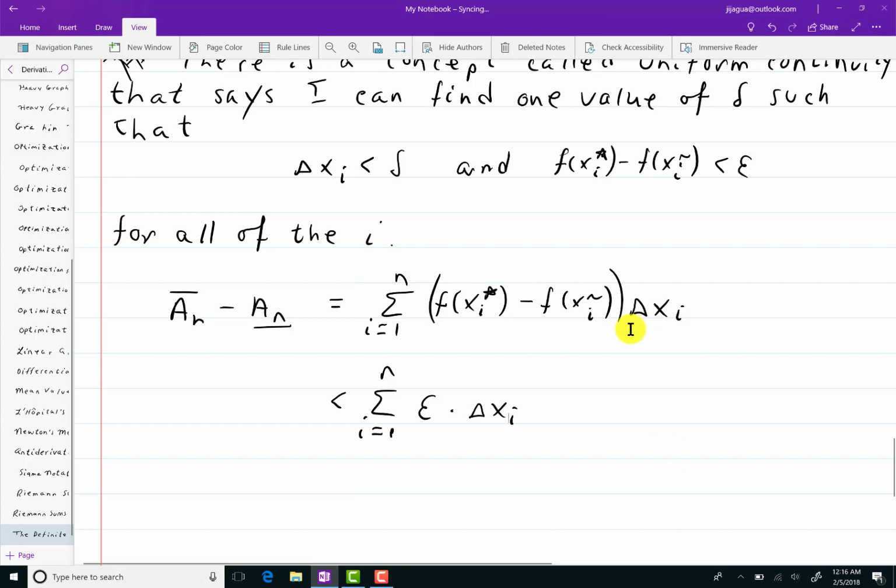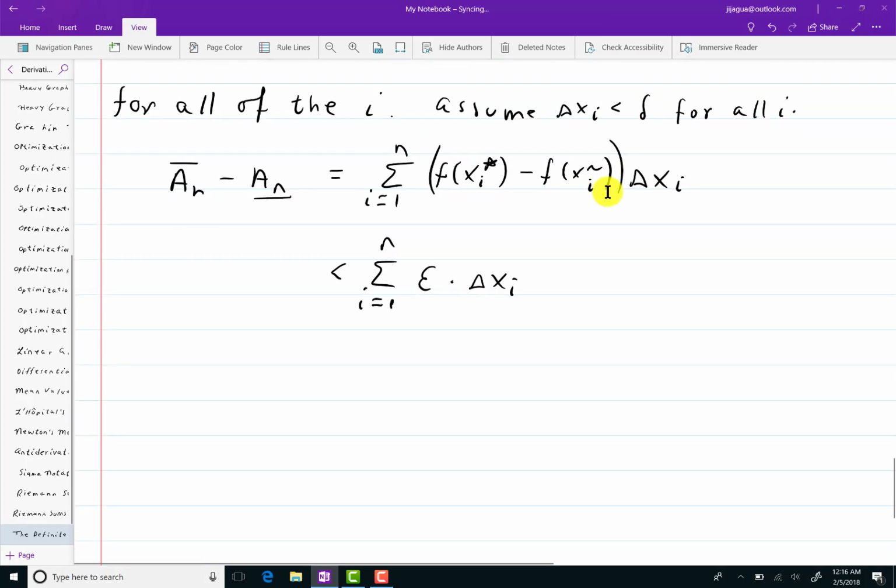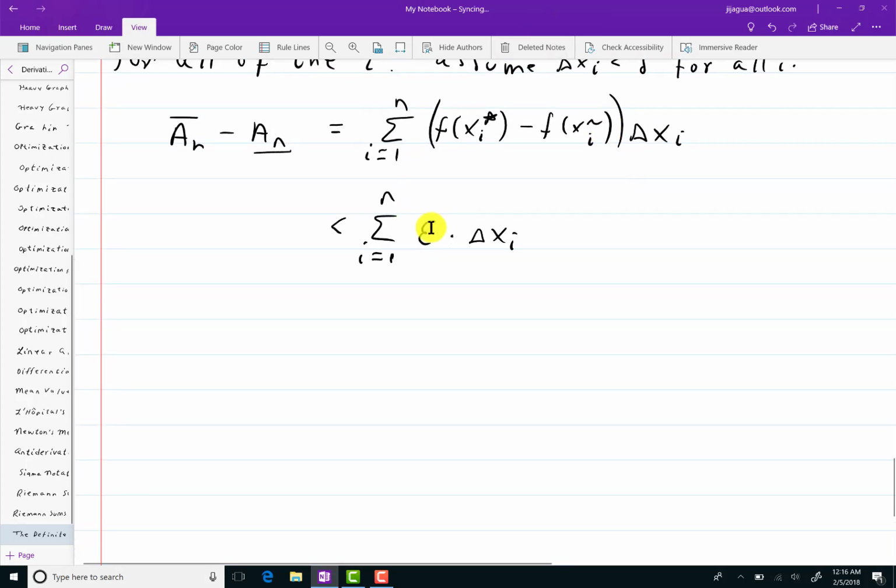That is when this one delta will allow me to do this. Of course, I should say before all this, assume delta xi is less than delta for all i. So then I can factor the epsilon out, times the sum from 1 to n of delta xi.